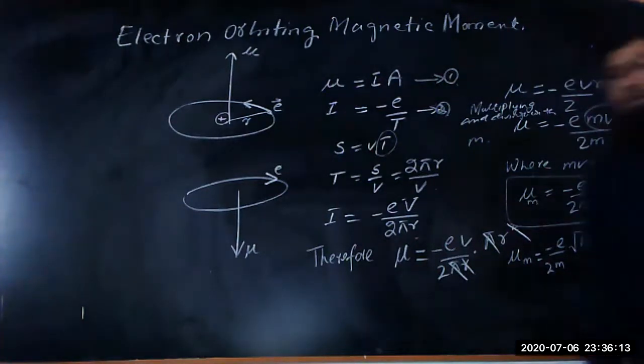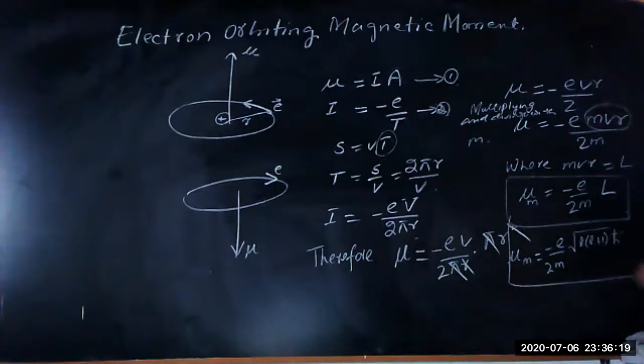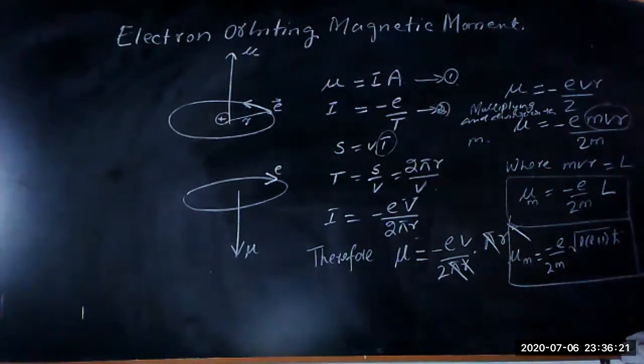This is the angular momentum. So this is one of the other equations of the magnetic moment, the magnetic moment of the circulating electron.